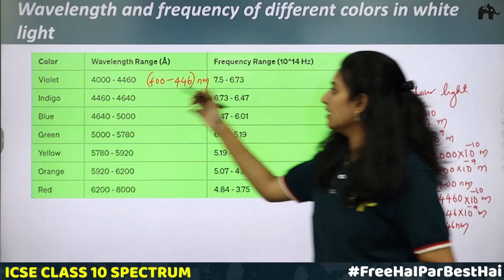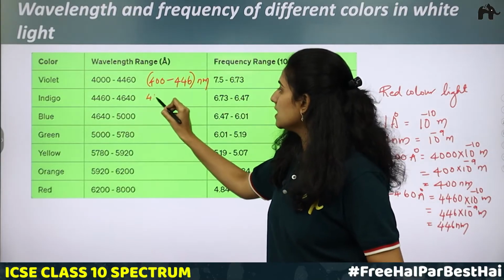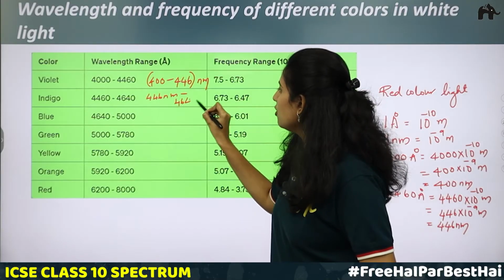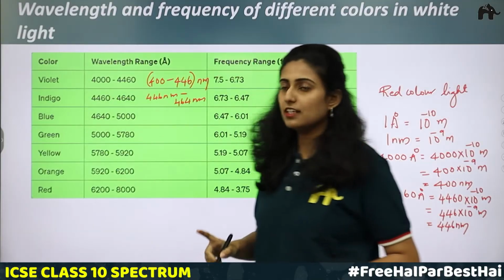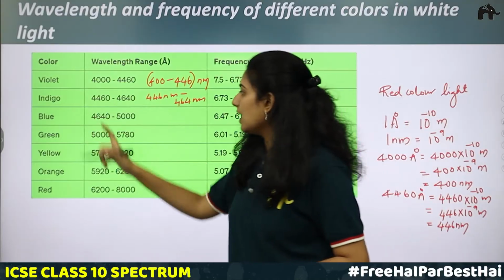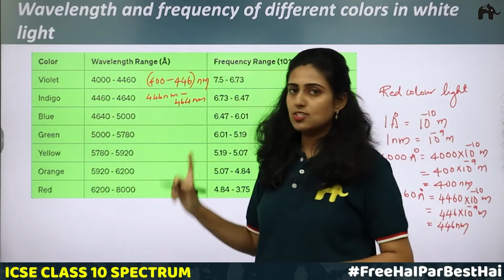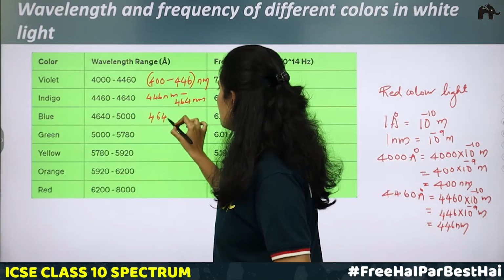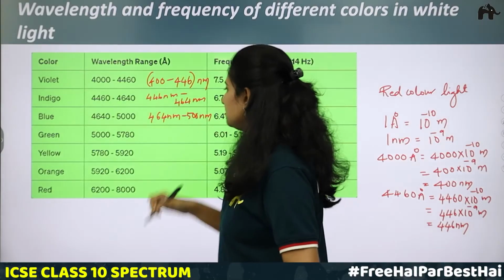Then indigo color, 446 nanometers to 464 nanometers, so in angstrom, 4460 angstrom to 4640 angstrom. Then you have blue color, 4640 angstrom to 5000 angstrom, that is 464 nanometer to 500 nanometer.